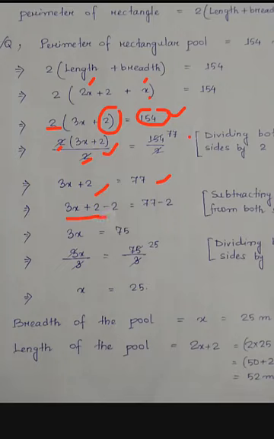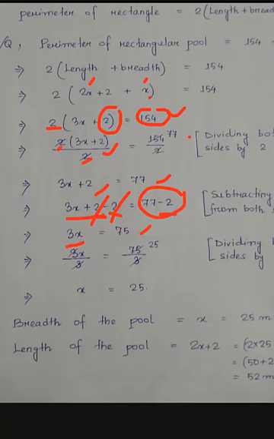So first of all, we shall try to remove this 2. From both the sides, we have to subtract 2. When we subtract 2 from both the sides, on this side plus 2 minus 2 will get cancelled. Only 3x will be left behind, while on the other side 77 minus 2 will give you 75.